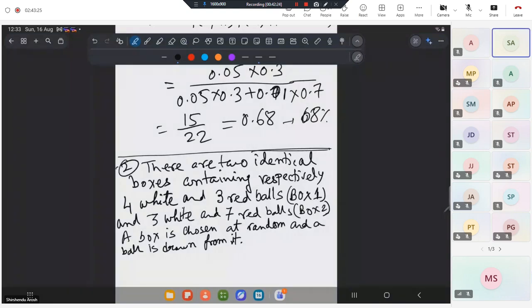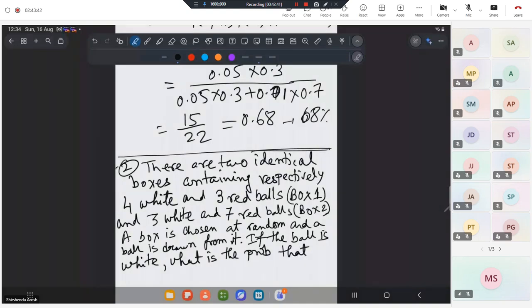If the ball is white, what is the probability that it is from the first box?